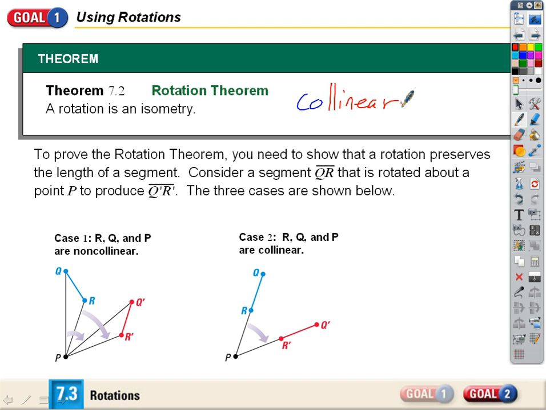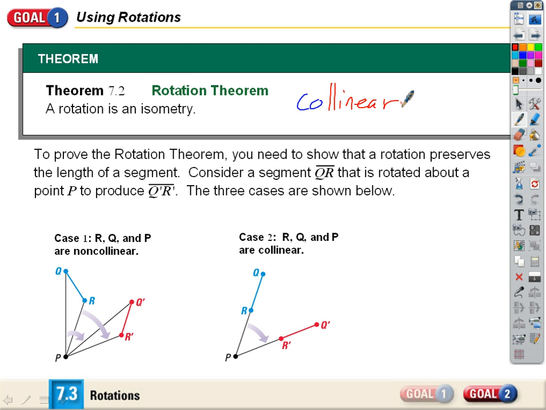If 3 points are collinear, then all three of those points can be drawn on the same line. If they're non-collinear, they're not. For example, Q, R, and P don't line up on a single line, do they? And if they don't, then that's what the rotation looks like, what we just looked at in the previous example. This is rotated around to there.